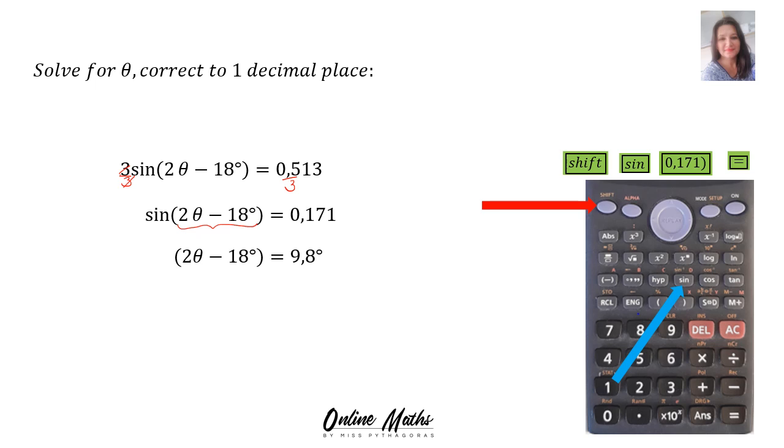And now everything is degrees right through, so you can take the negative 18 across and you're left with 2 theta equals 9,8 degrees plus 18 degrees, which is 27,8 degrees. And you want to solve theta, so you can now get rid of the 2 by dividing both sides by 2. And your final answer, theta is 13,9 degrees.